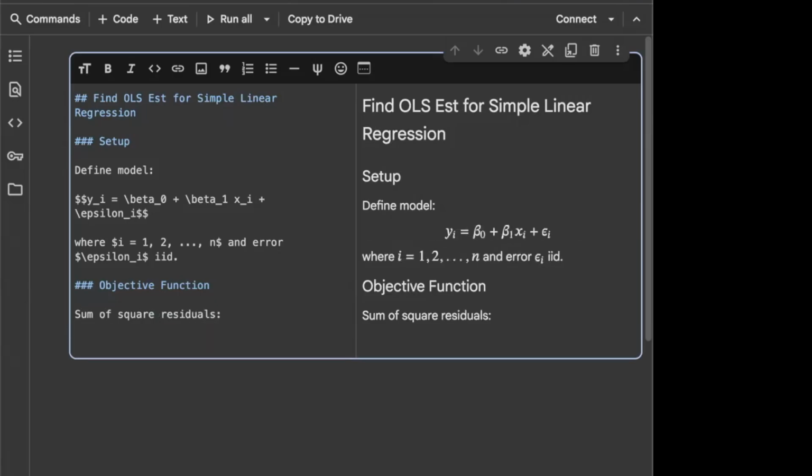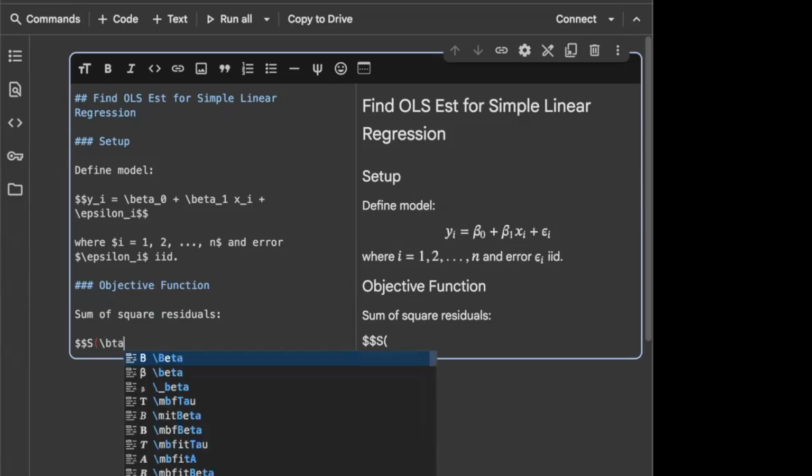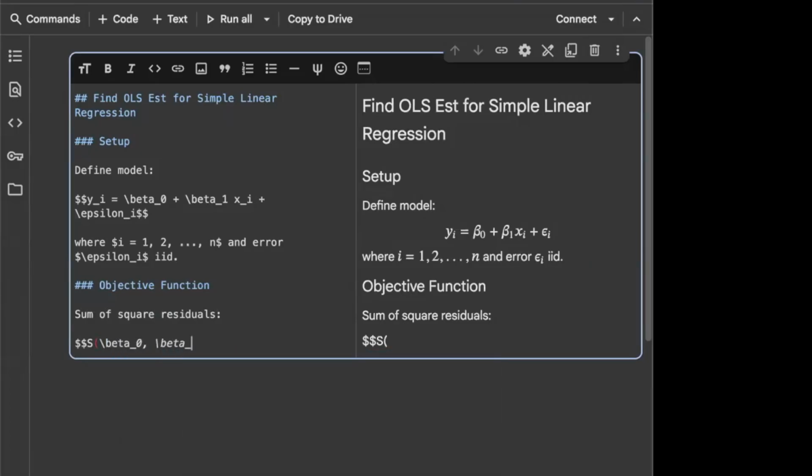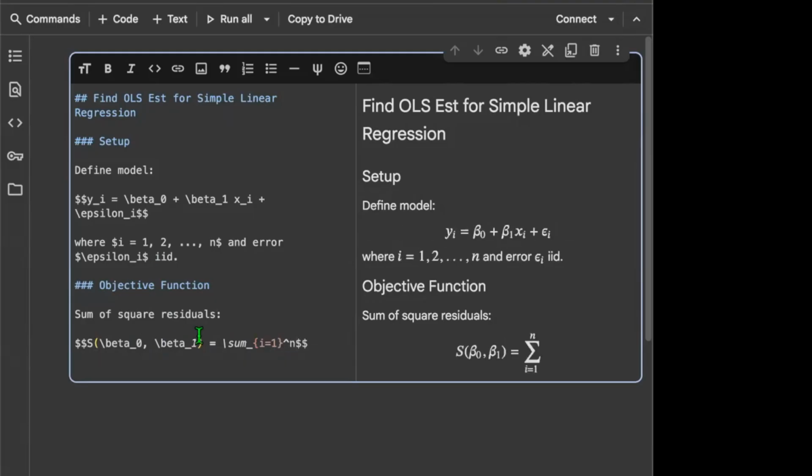We're going to call this S, and the parameters are beta 0 and beta 1, because those are the parameters that you are able to control. The formula for this objective function is a sum over i from 1 to n, where i is the tracking index, so the sum tracks i from 1, 2, 3, 4, all the way to n. And then it's the formulation of sum of squares, so we're talking about the residual.